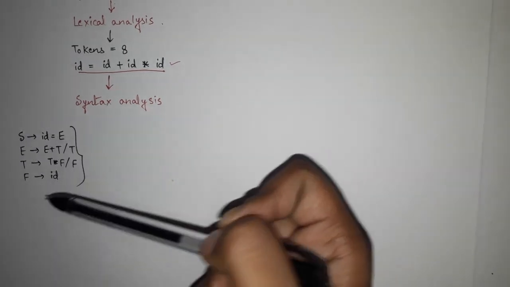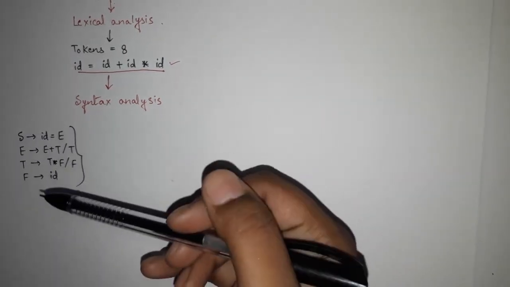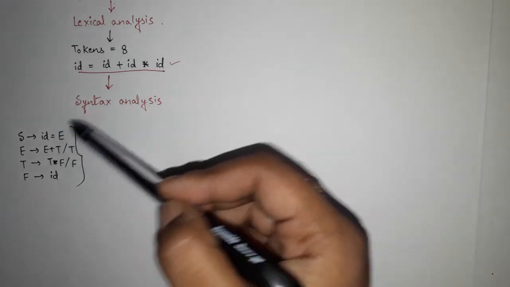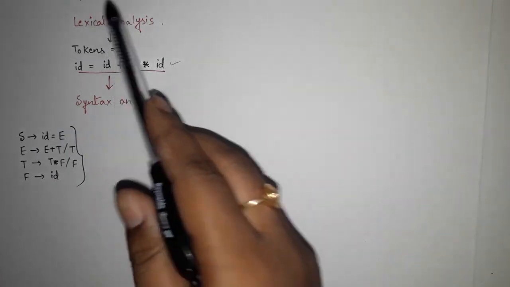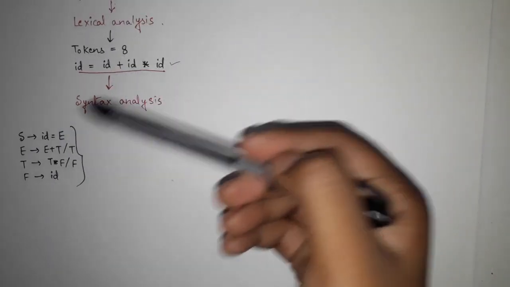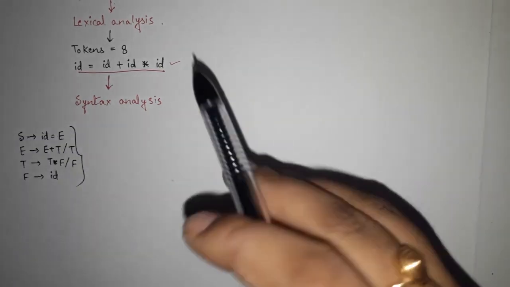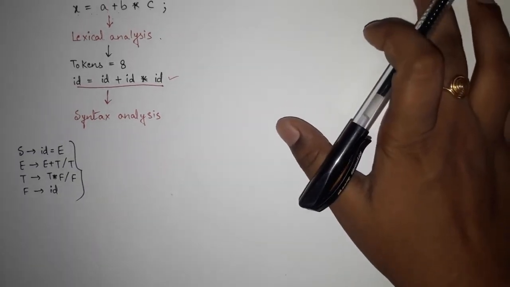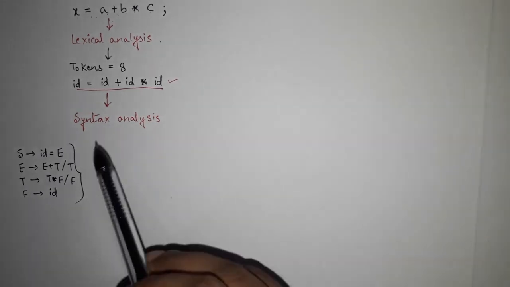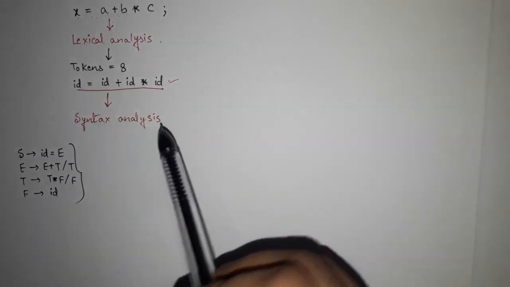These are a set of rules. For every specific line of code, a specific grammar will be specified to you, and with the help of that grammar we will draw the syntax analysis tree.